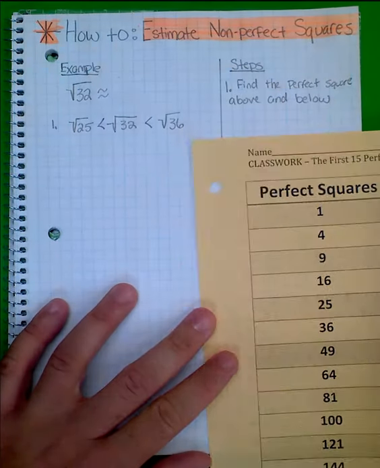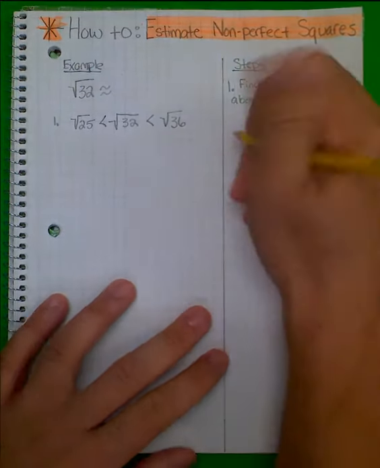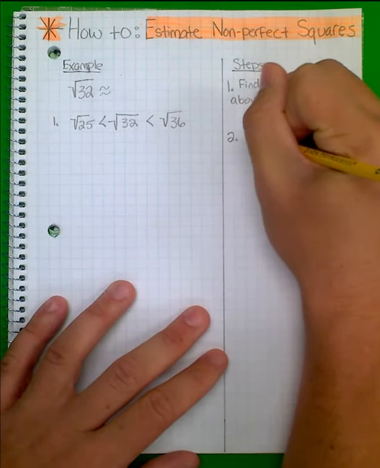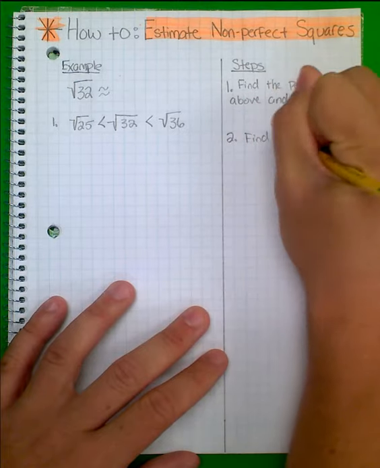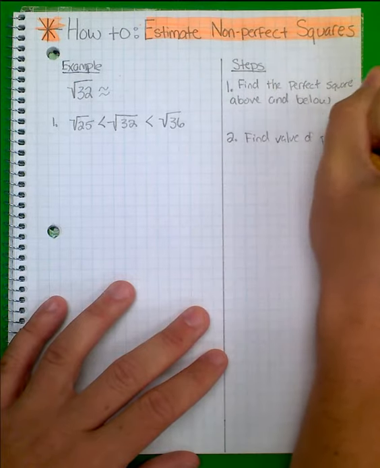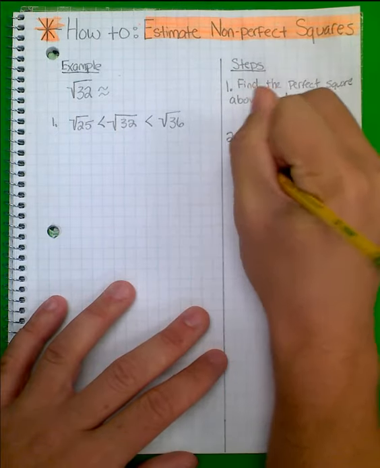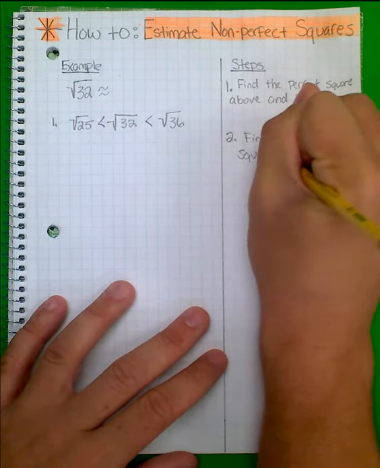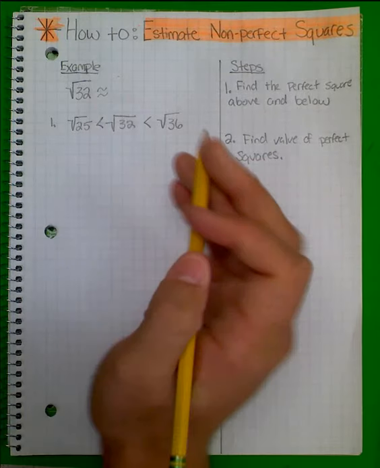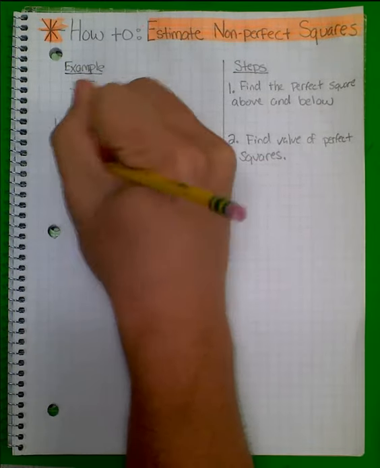Okay. And I know that my second step here is to find the value of the perfect squares. And what does that look like in our example? Well, I know that 5 times 5 is 25, so the square root of 25 is 5.